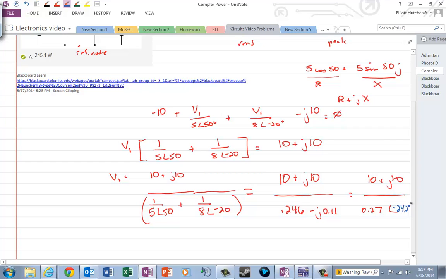When I take 10 plus J10 divided by that, it looks like my V1 is 18.64 plus J 49.02. So that's my V1.